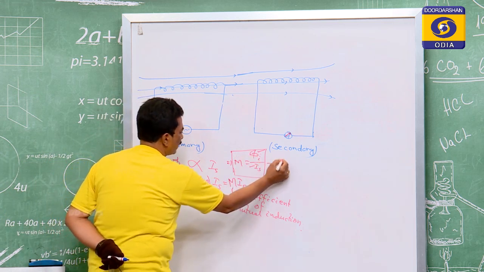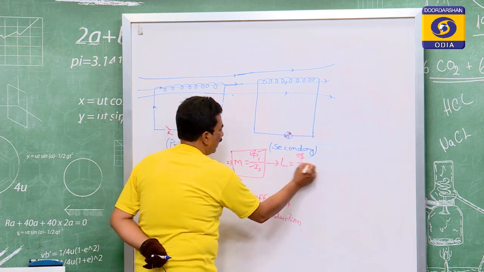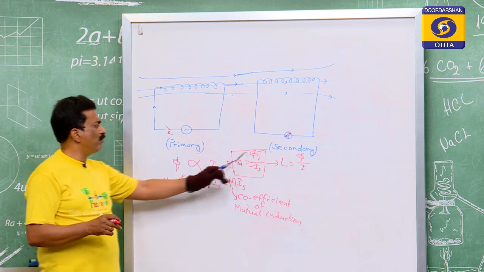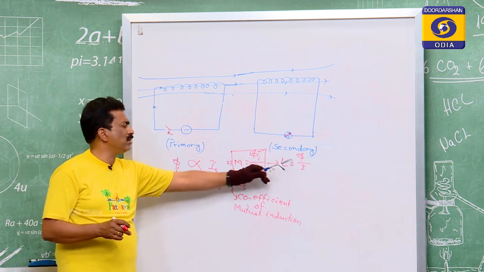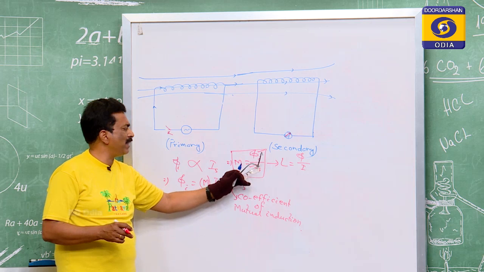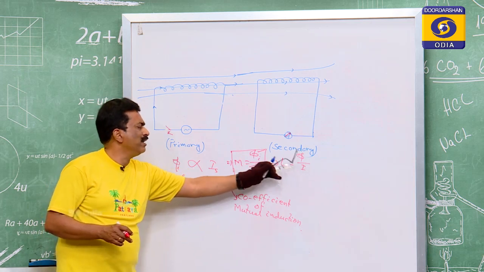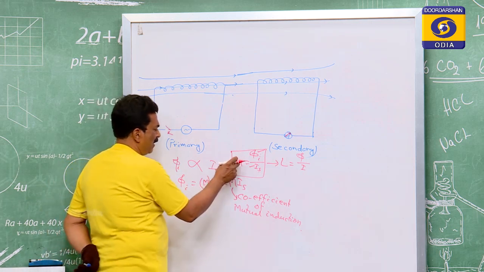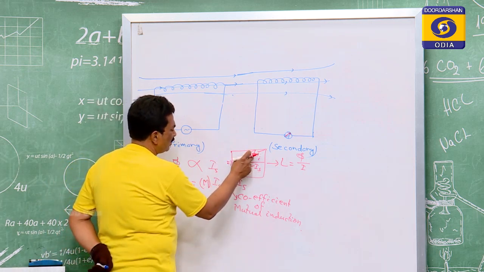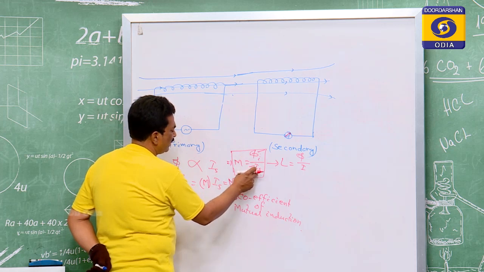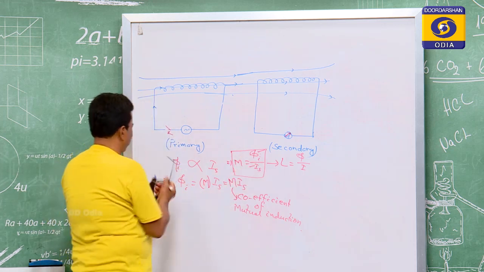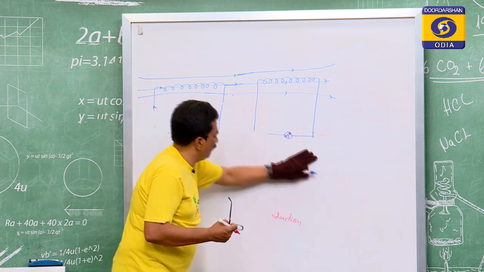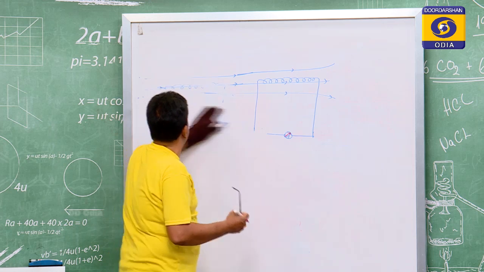But for self induction we have taken L is equal to phi by I. You can see both look similar: here phi by I, here also phi by I. For the self case it is only one coil, but for the mutual case, one is the current and in the other there will be a change of flux. So this is one of the expressions, and there is a second type of expression.